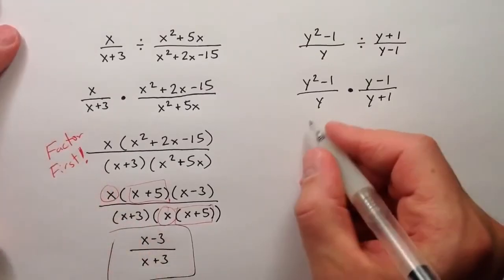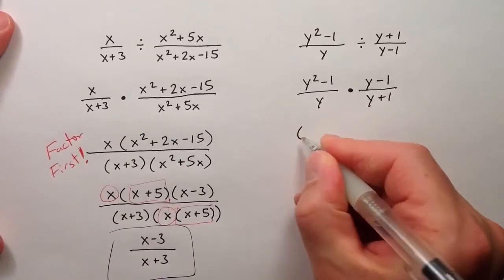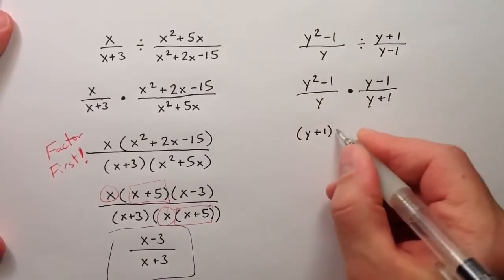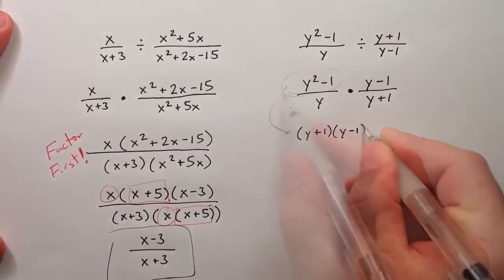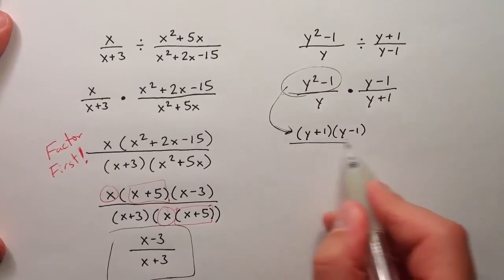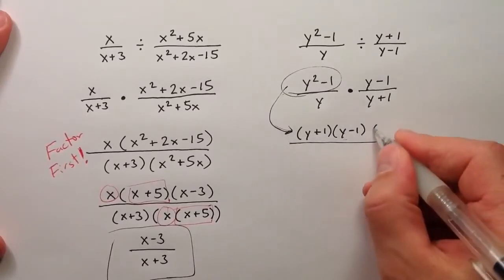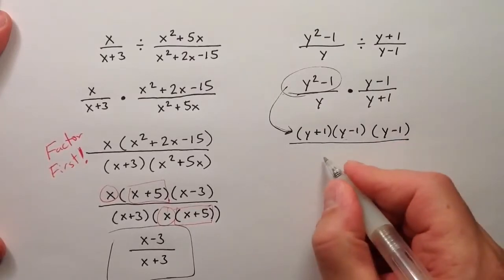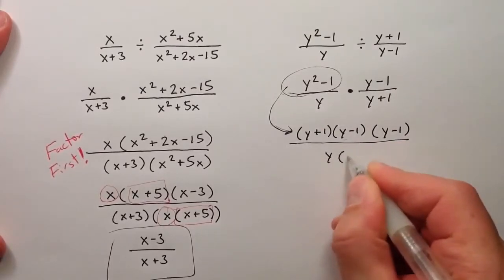To speed things up, while I do that, I could think, y squared minus 1 is going to be y plus 1 times y minus 1. So just that part of the expression factors to equal this. And then the other numerator, y minus 1, belongs up top. And then in the denominator I have y times y plus 1.